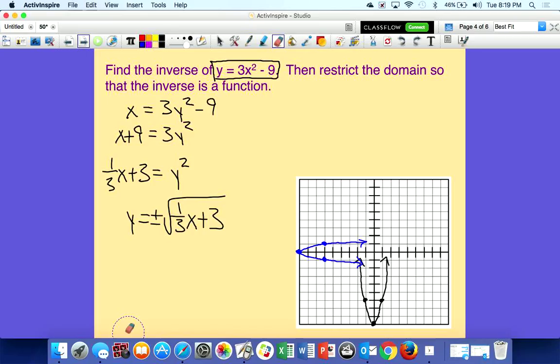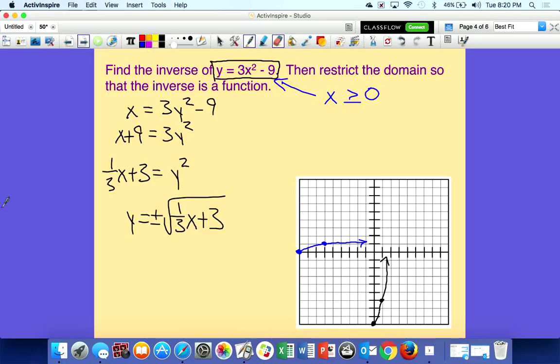Well, most of the time what the book does is, if we get rid of half of the graph, that would get rid of half the graph also, and that would get rid of the bottom part here. And then my blue line is a function. So you could say, I'm going to restrict the original as x greater than or equal to 0, because then I would get this blue line.